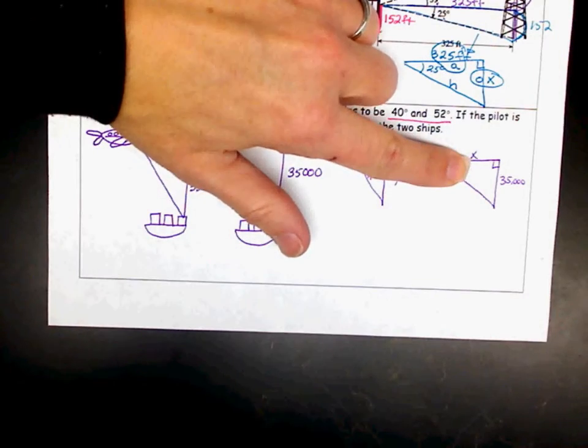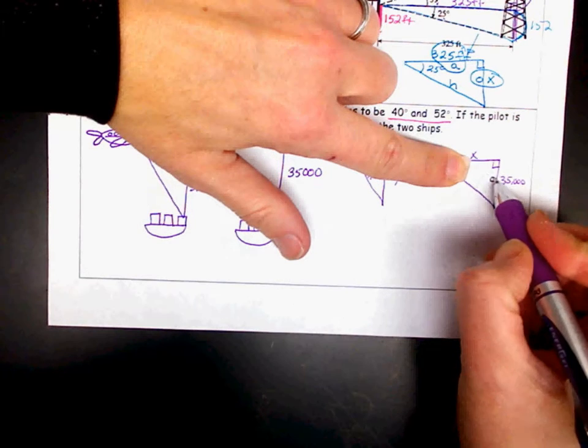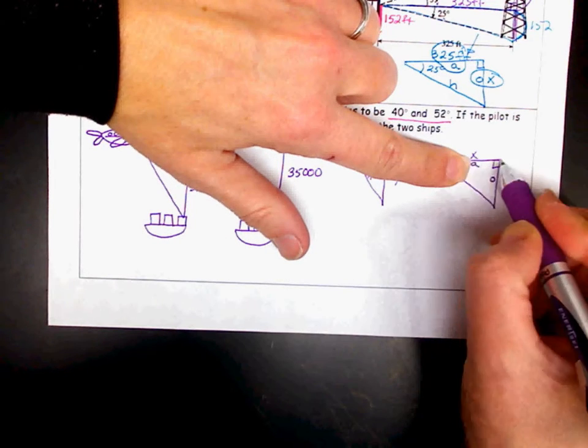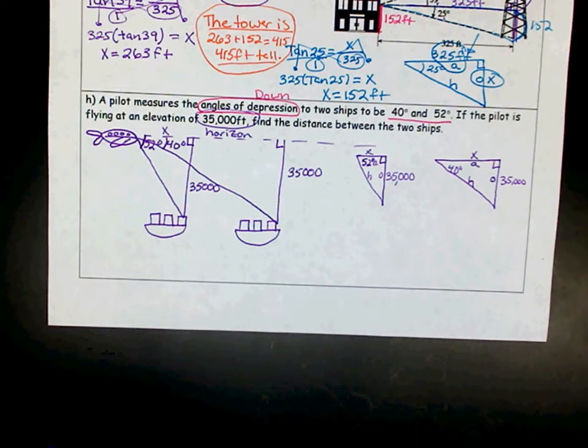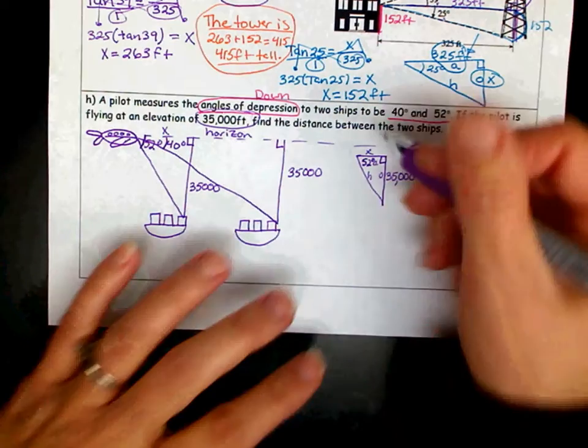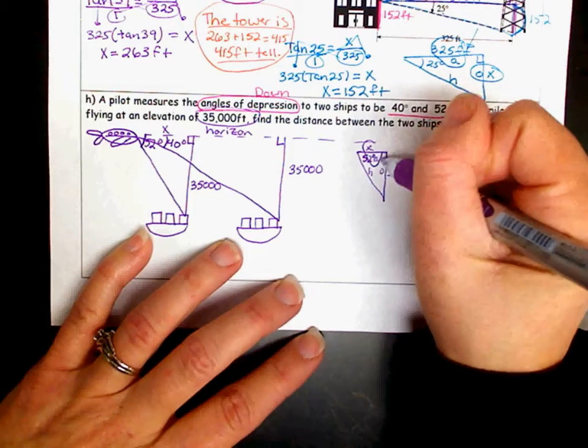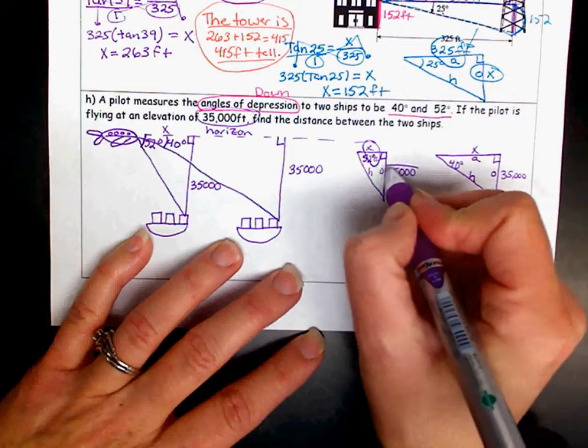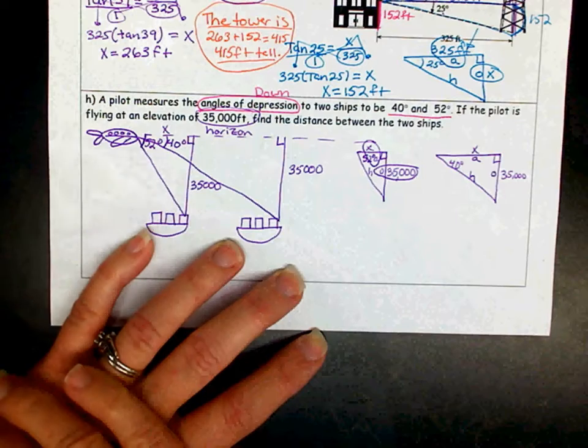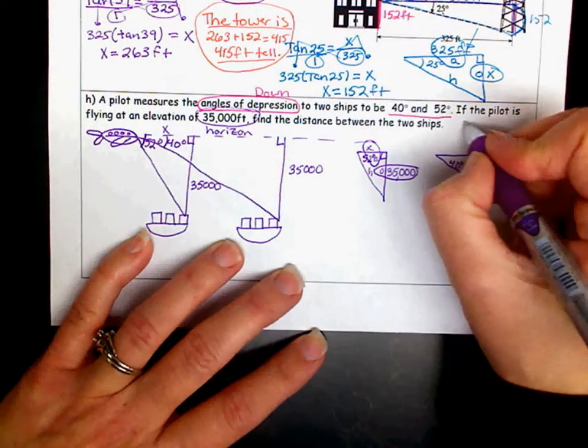This is my opposite side, this is my adjacent side because it touches my finger. This is the hypotenuse. Okay, so I need to find the X, so that's my adjacent side. I have the opposite side. So we're going to use SOHCAHTOA.